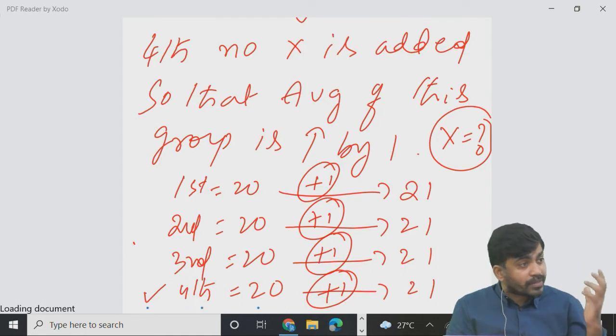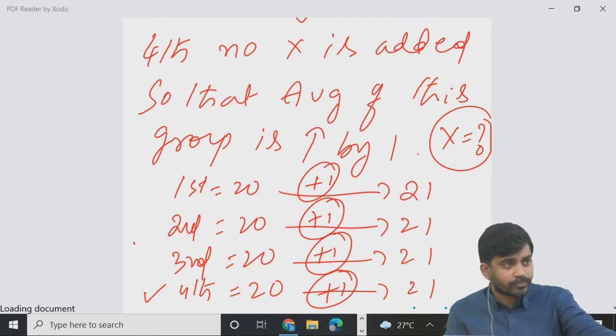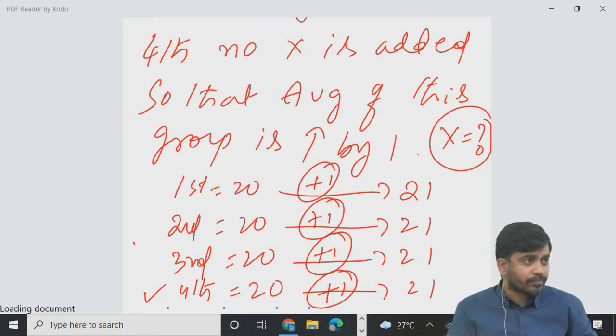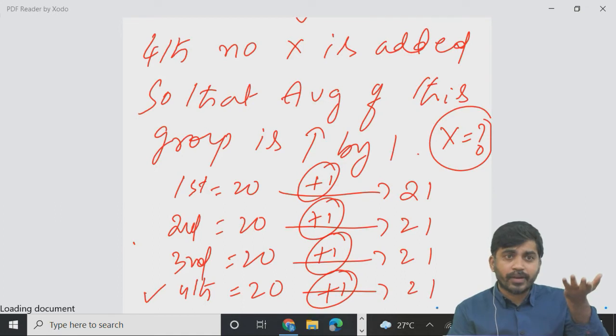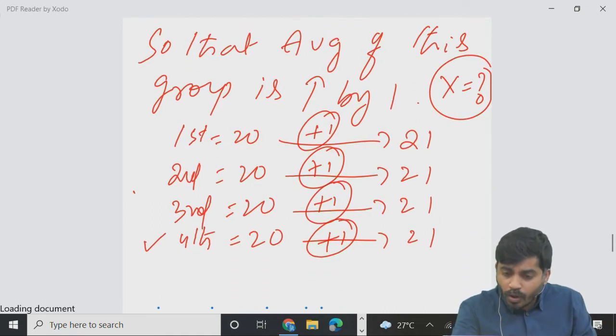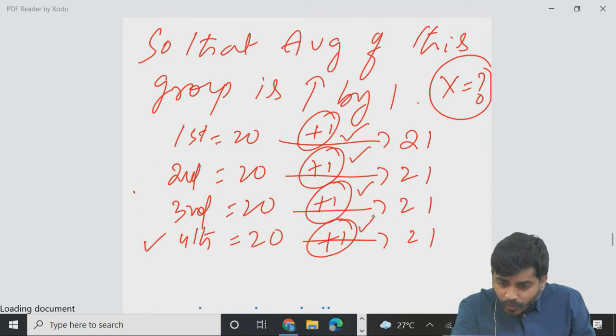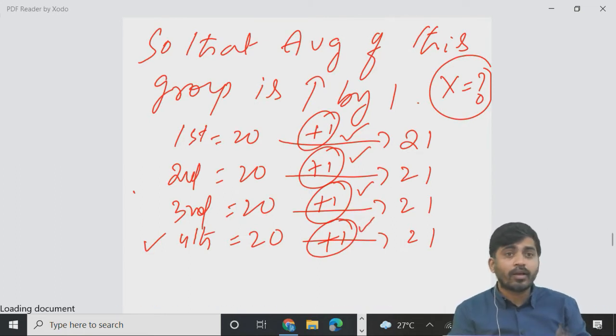If I bring something extra, I give 1 to you, 1 with me, then the average will increase by 1. So 1 here, 1 here, 1 here, 1 here, total 4 ones.